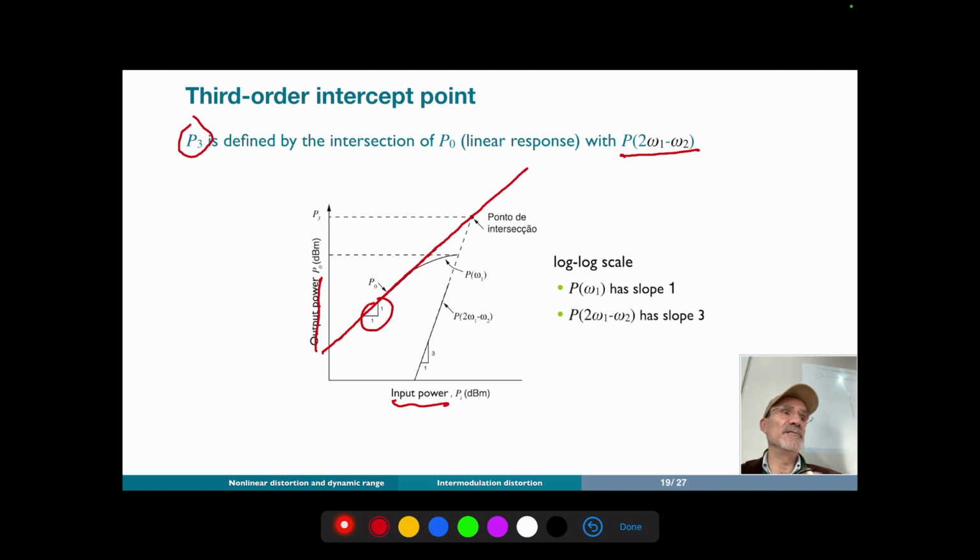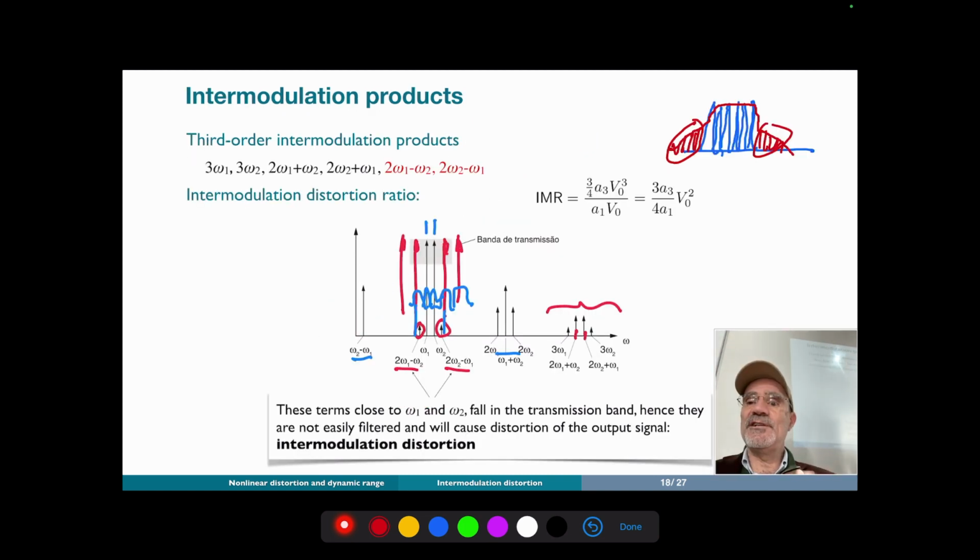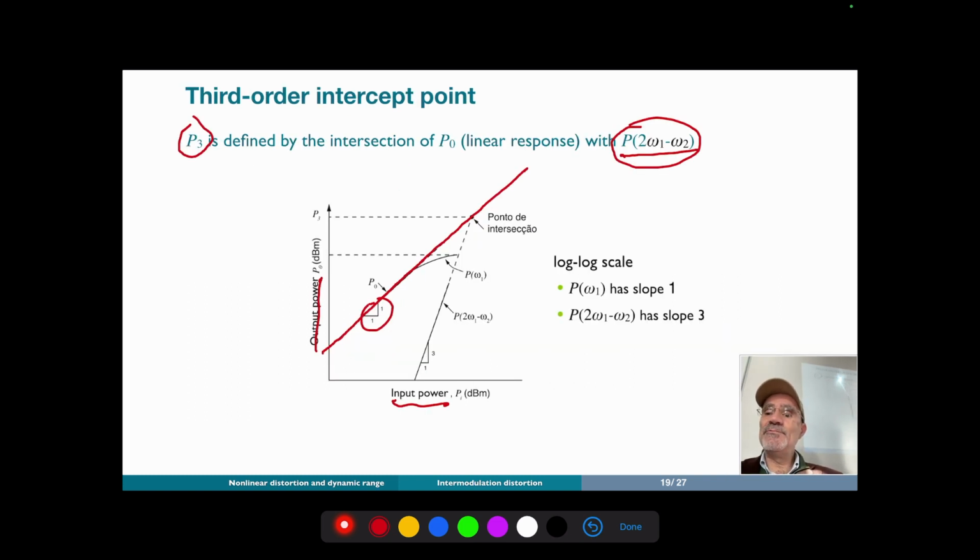And then the power associated with the magnitude of these third-order terms, this one here, increases as we increase the input power, and it increases more rapidly.